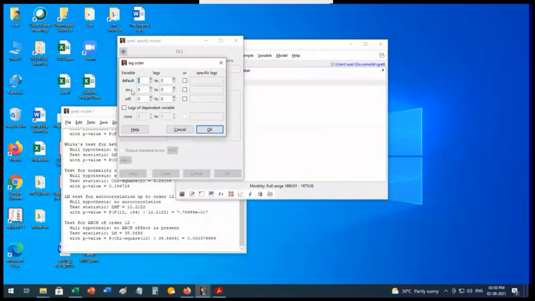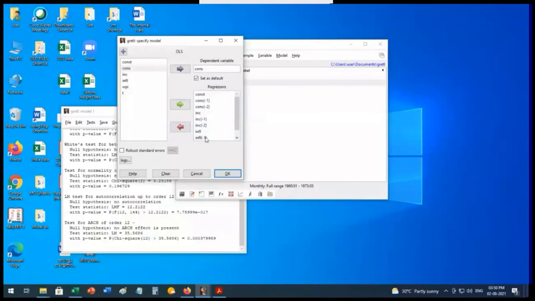By default, for all the independent variables we can give a common lag. Say I am giving 2 lags, 1 to 2. Then we have to give the lag of the dependent variable also, from 1 to 2. I am giving common lag 2 for all the variables. So this is my general model. Click OK.